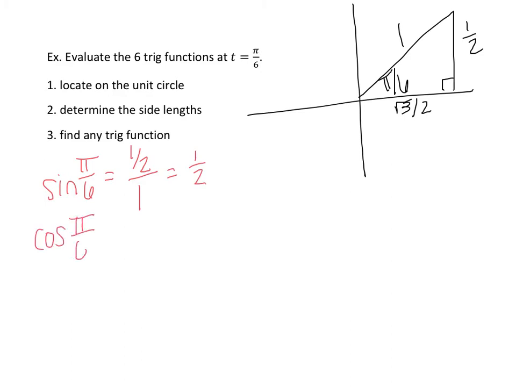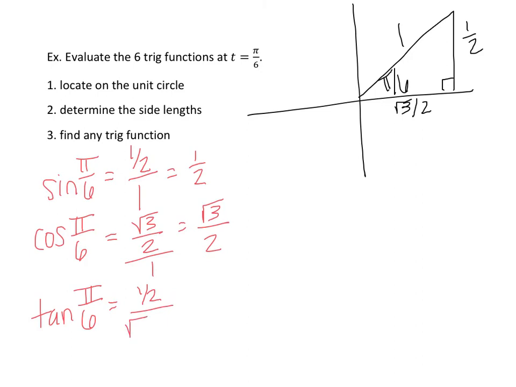Cosine of pi over 6 would be adjacent, radical 3 over 2 over 1, or just radical 3 over 2. Tangent pi over 6, opposite is 1/2 over adjacent, radical 3 over 2. Now we have to multiply by the reciprocal here, so 1/2 times 2 over radical 3.